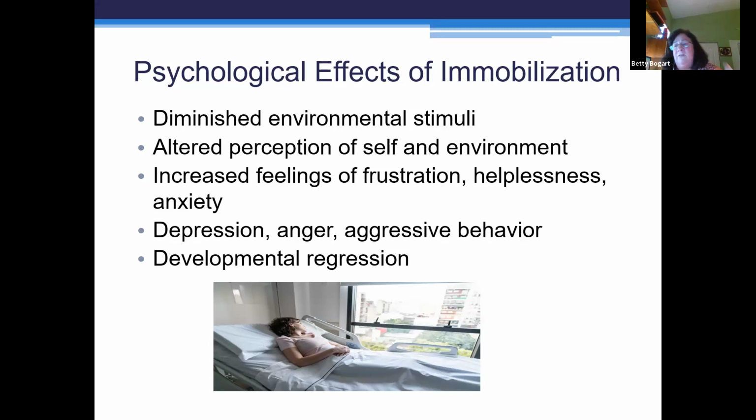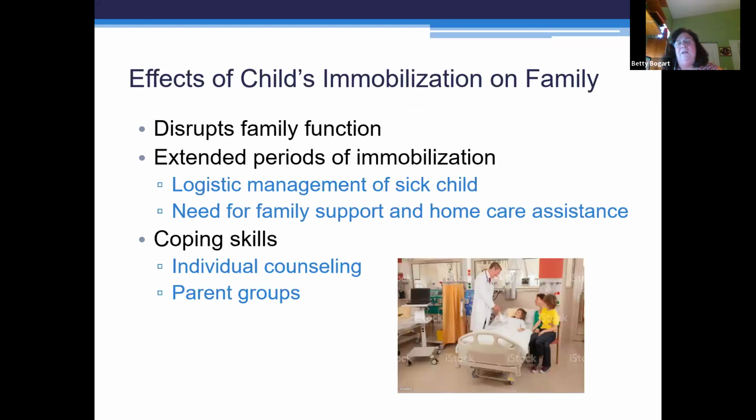Their brothers and sisters went roller skating, went to the movies, went to the pool. I can't do that. So a lot of things go on. And of course, part of that is separation anxiety and regression. It happens in a different way, but it happens when the child's immobilized.